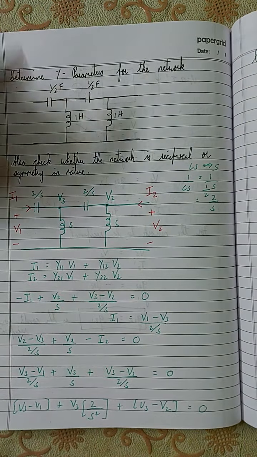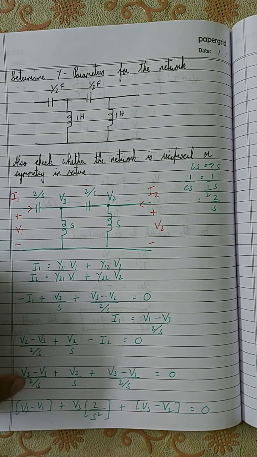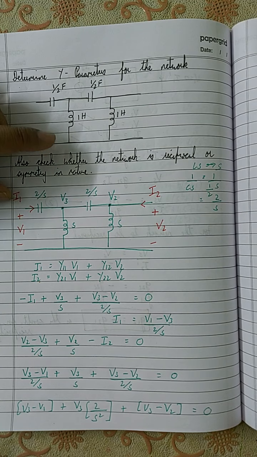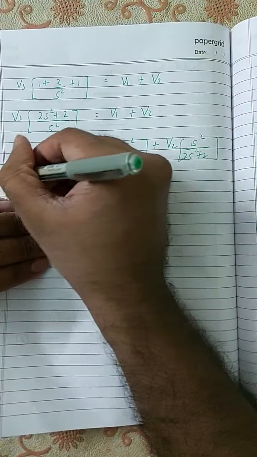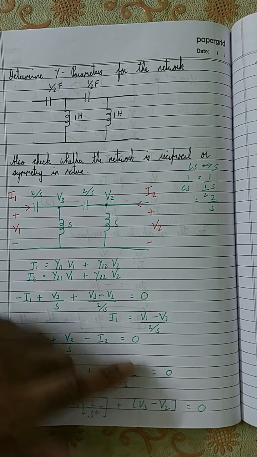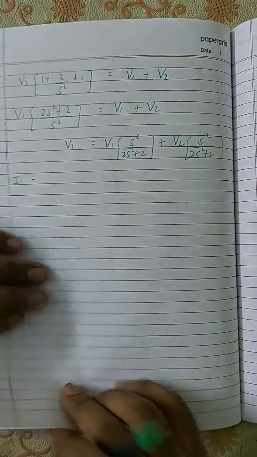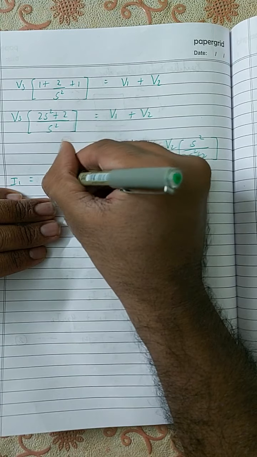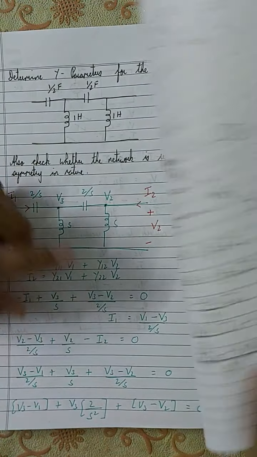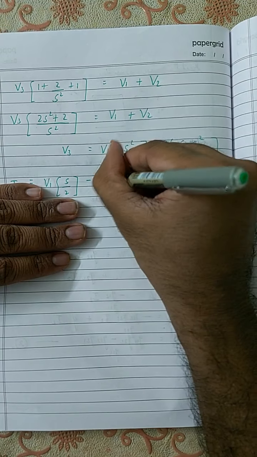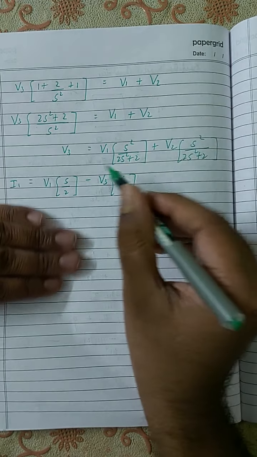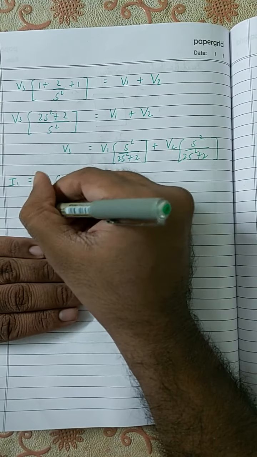So simply substitute that over here and over here and you got your answer. So first I'll substitute that over here. So here I1 is equal to, according to this, V1 into s by 2 minus V3 into s by 2, but V3 is this one, so I'll substitute that over here.